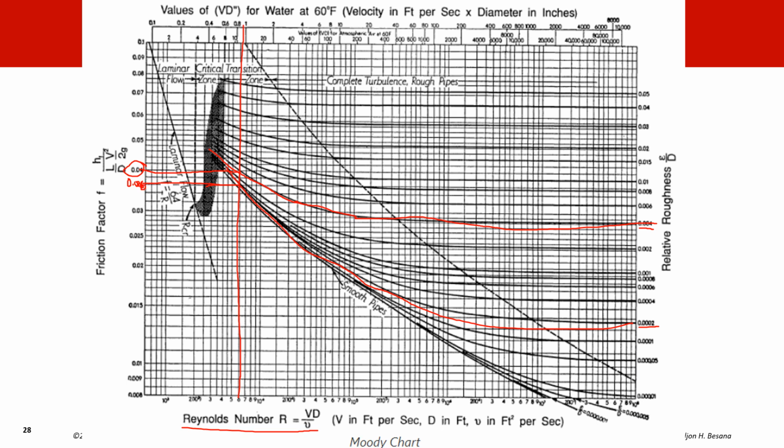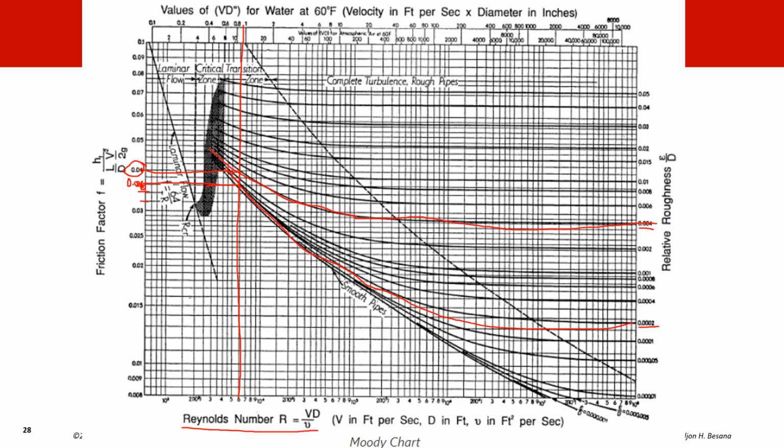I'm sorry, 0.036 is our friction factor. So the scale reads 0.032, 0.034, 0.036, 0.038, and 0.04.